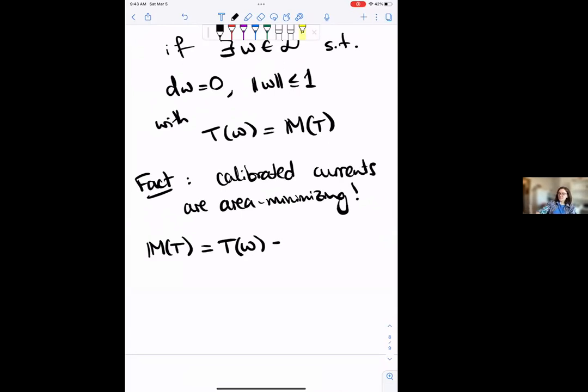But now, because this form is closed, this is the same as any competitor applied to this m-form, where the competitor is an arbitrary current in the same homology class as T. And because your m-form has comass at most 1, this is less than or equal to the mass of the competitor.